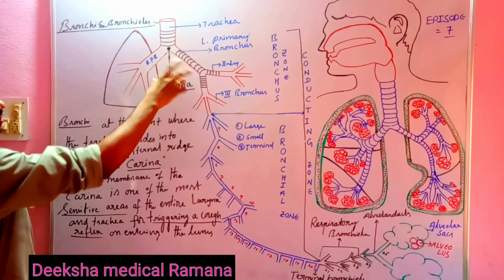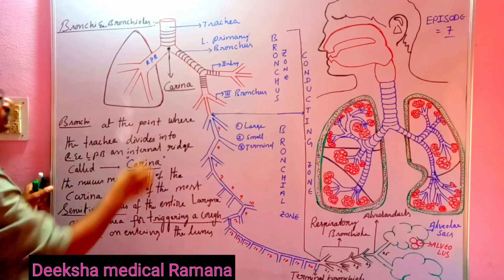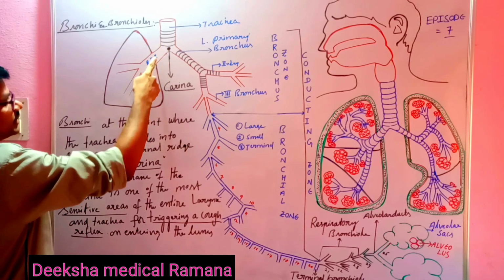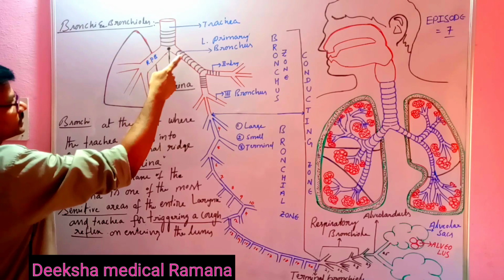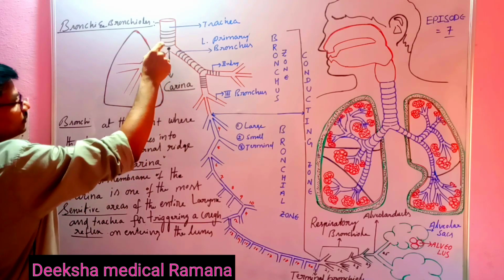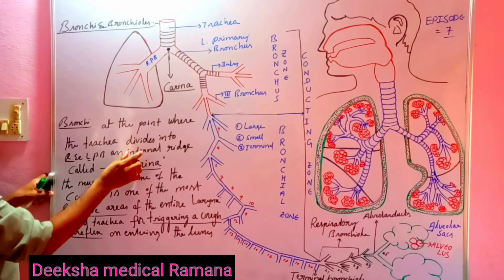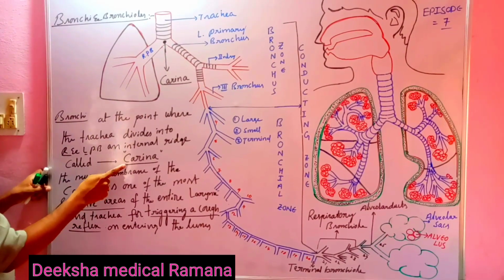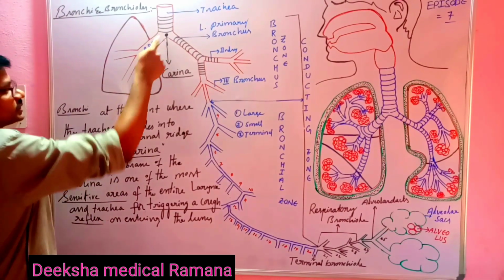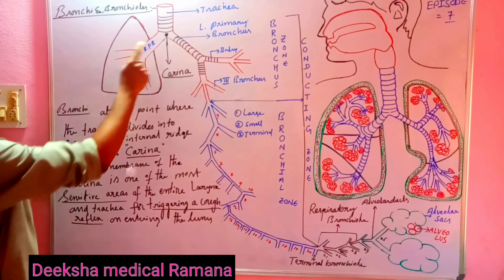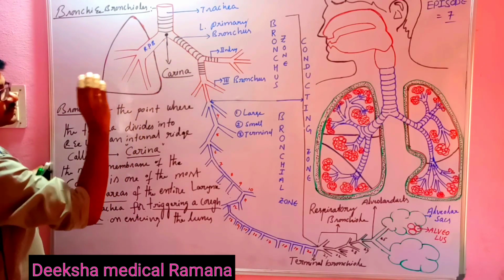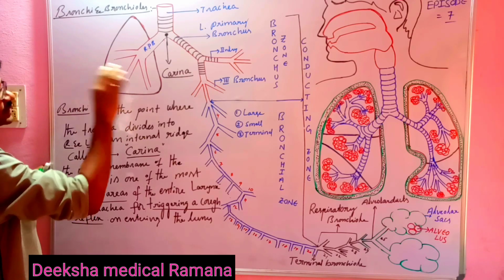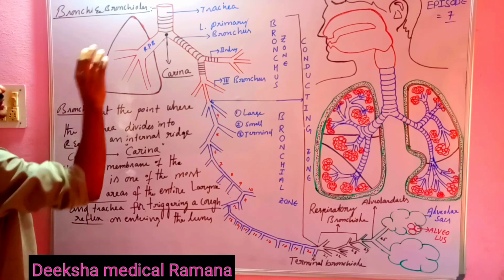Basically, the trachea divides into the bronchi. The place where the trachea divides into the right primary bronchus and left primary bronchus has a particular internal ridge. That internal ridge is called the carina. What is the use of this carina? The carina is covered by a sensitive mucous membrane which is sensitive towards the cough reflex.